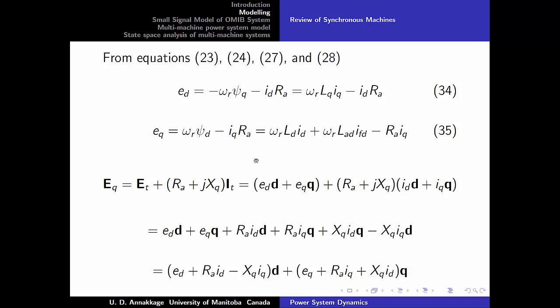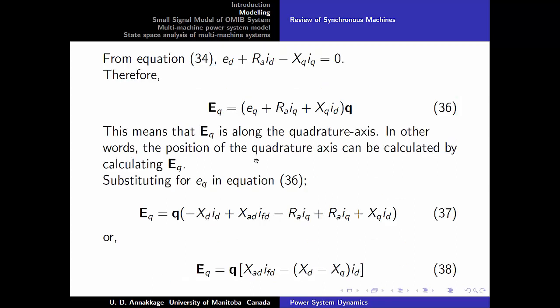And the component of EQ in the direction of the Q axis, that's the last term on the right hand side of the last equation at the bottom, is equal to EQ plus RAIQ plus XQ ID. From equation 34, we know that ED plus RAID minus XQIQ is equal to 0. Therefore, we can conclude that the phasor EQ is along the Q axis.